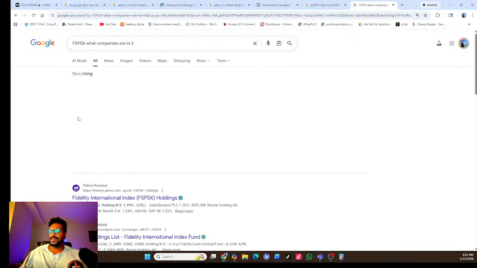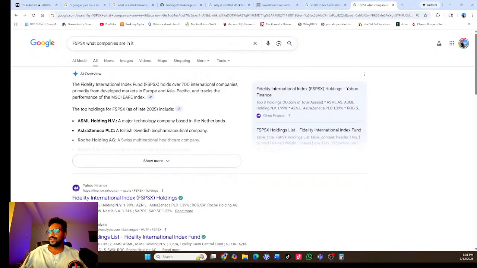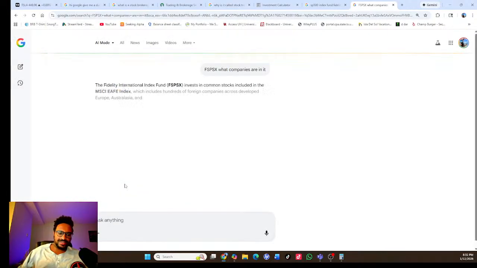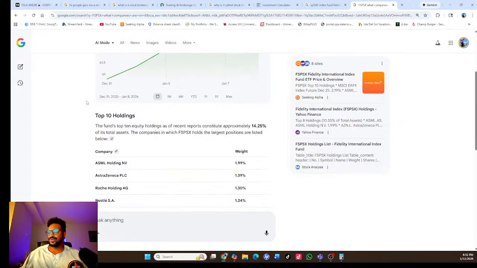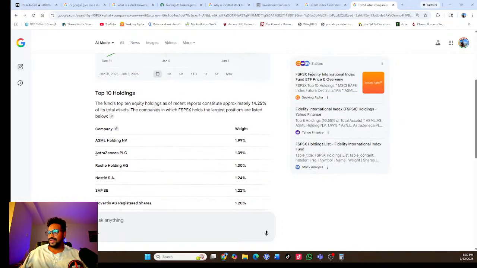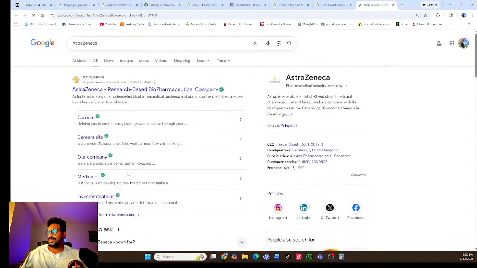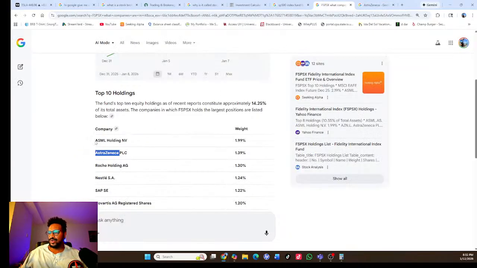It holds 700 international companies, so you're buying a piece of 700 companies at an international level. What does it own? It owns AstraZeneca. I don't know what they do. I think they're a biotech company out of the UK.